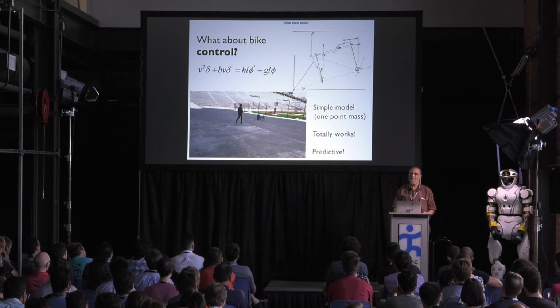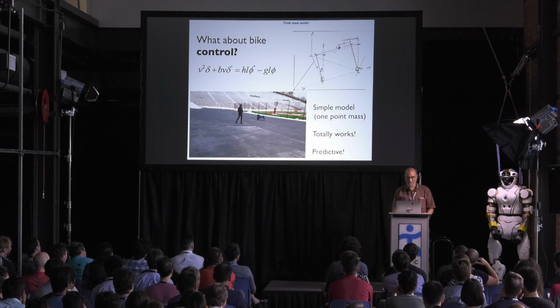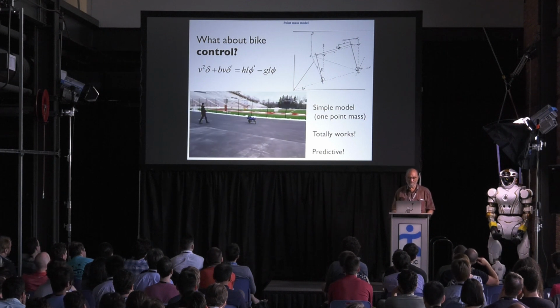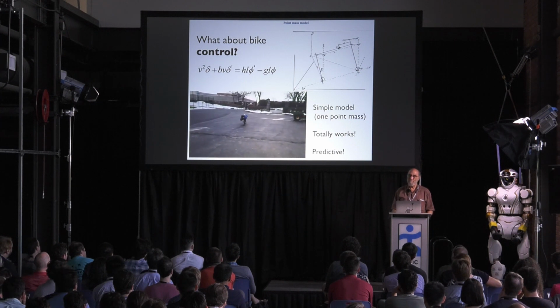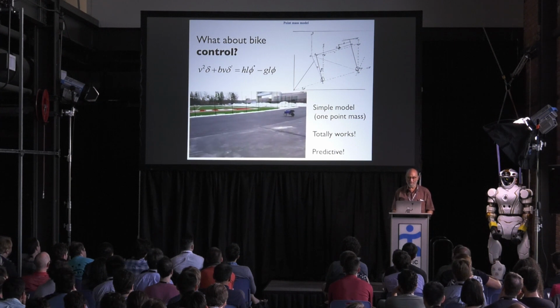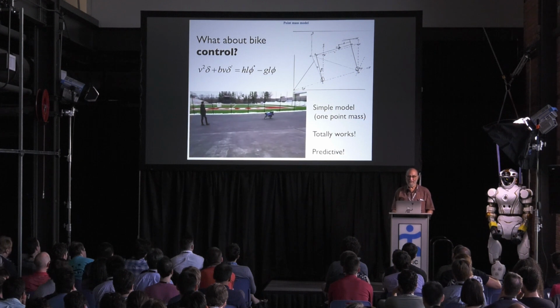You take this, and on the computer, you design a controller, and students in my lab have done this. They've written a bunch of controllers based on this model, optimized in the computer, or LQR with this model, taking motor constraints into account or not, and they've gotten lots of different controllers which work fine, not post-tuned. In other words, this is a good model for designing control of this bicycle, which is in no way simpler than any other bicycle.